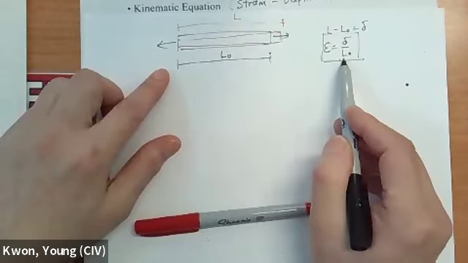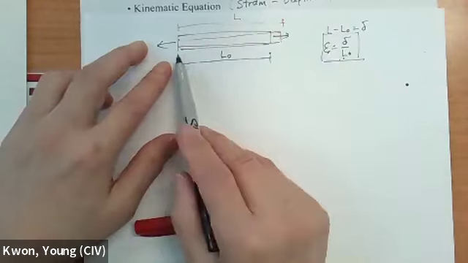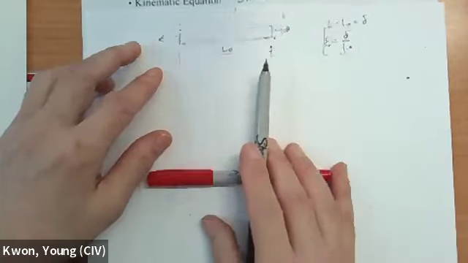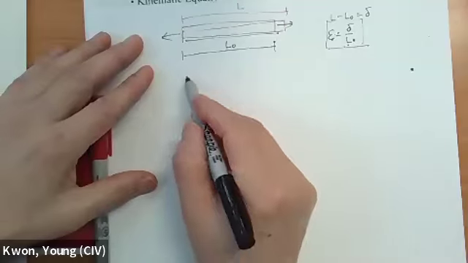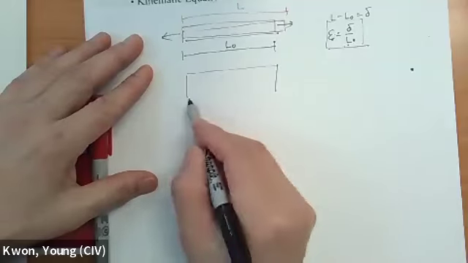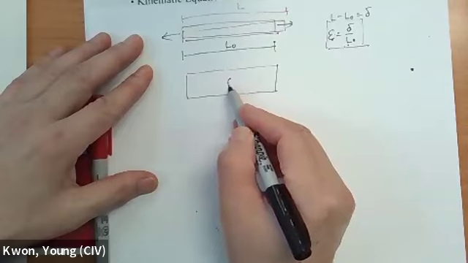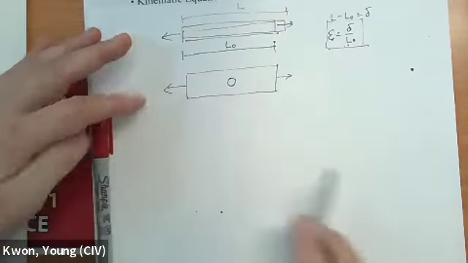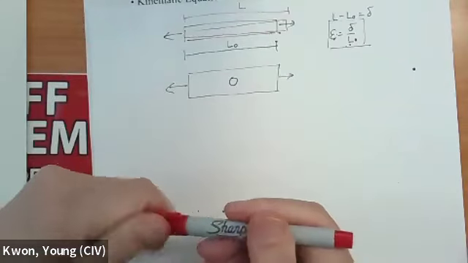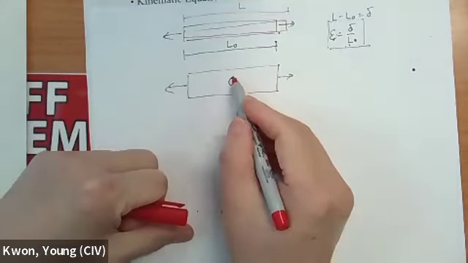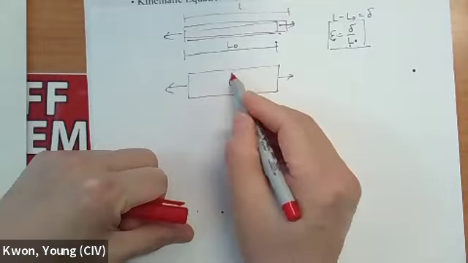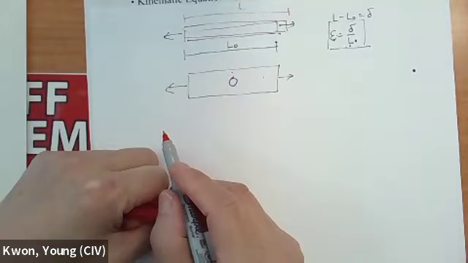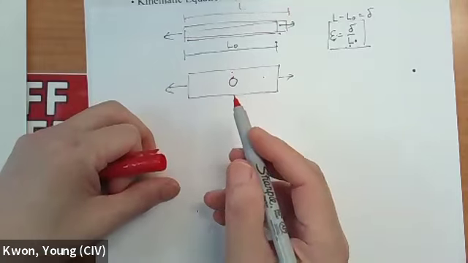In other words, strain is going to be the same throughout the whole member. Now, going back to the problem like the one we talked about, if I have a hole and apply the load here, then the strain at that point and the strain at that point are not going to be the same, like stress.